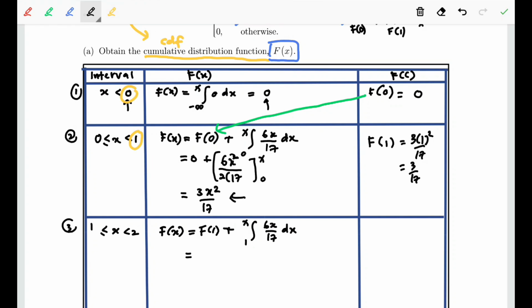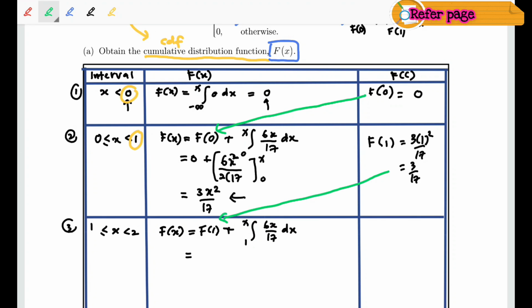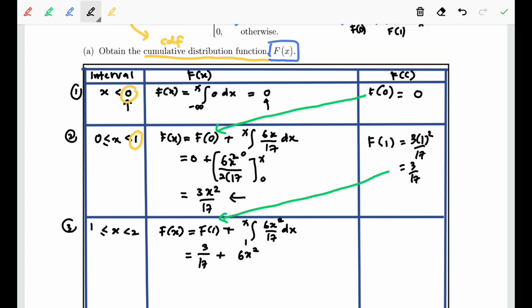So f of 1, we find out from this part. We're going to substitute here 3 over 17 plus the integration of 6x over 17. You will get 6x squared. This should be 6x squared.